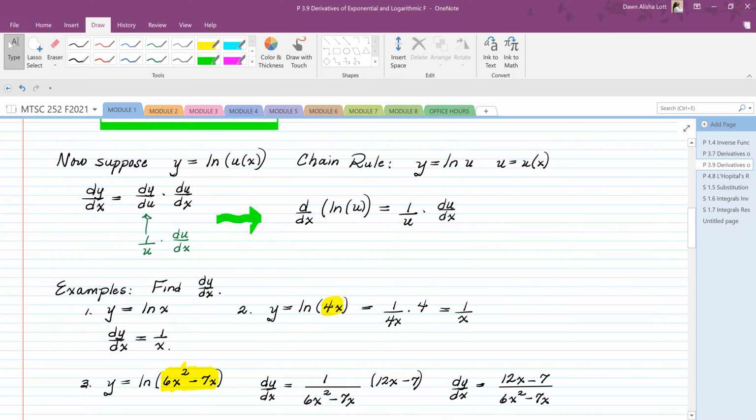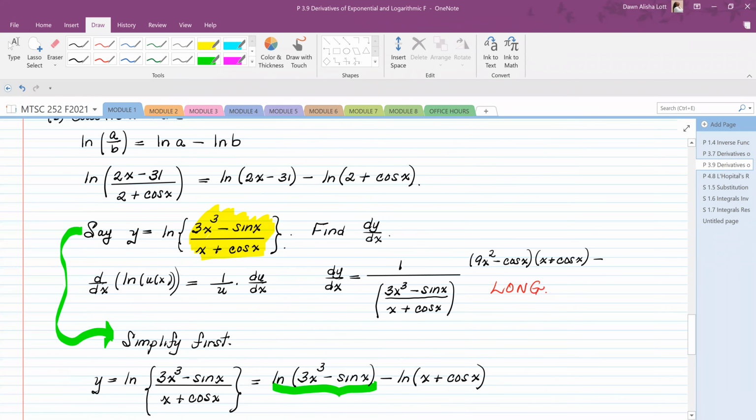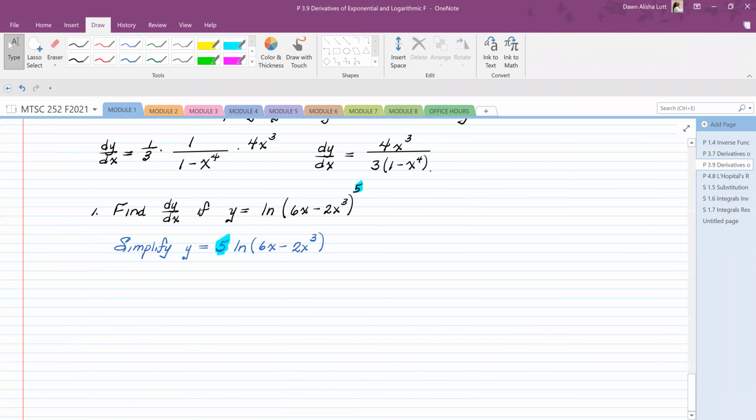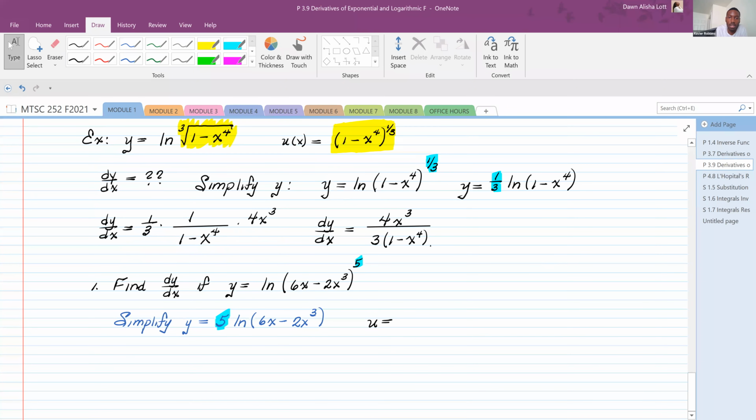You see that? Okay. Now what's the function u that I'm working with? What is u? The u would be 6x minus 2x to the third. Right.